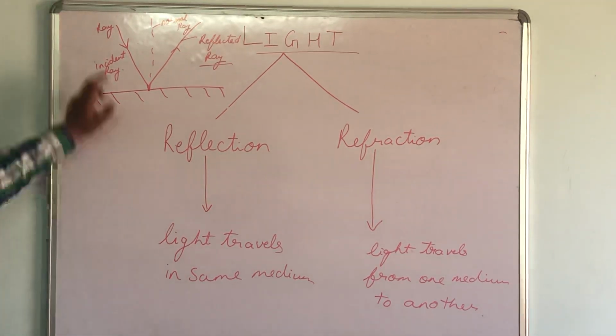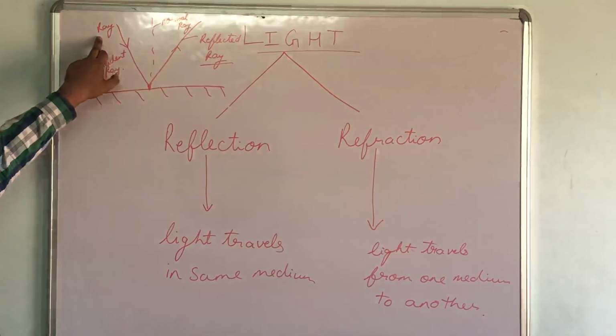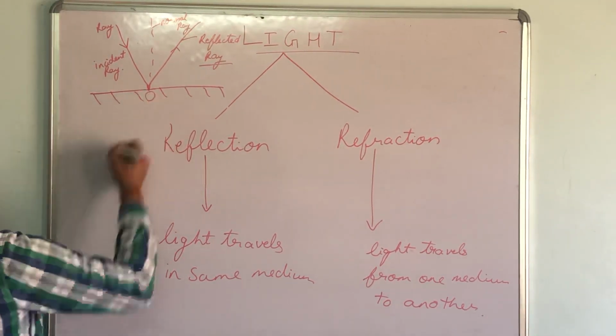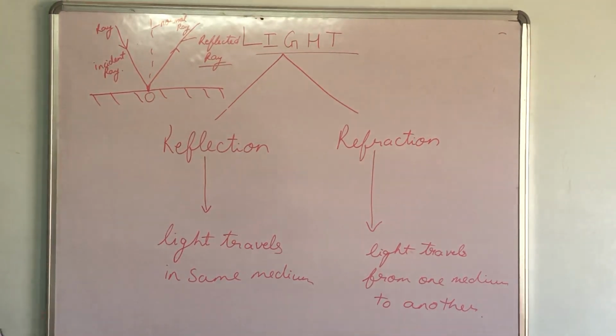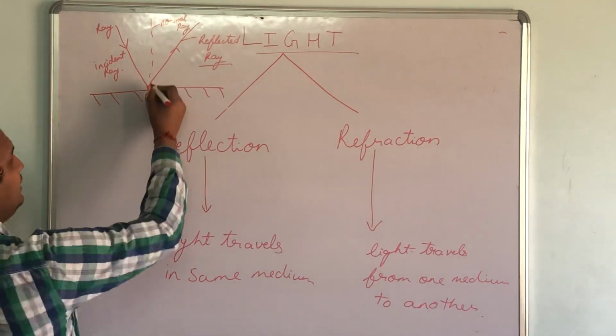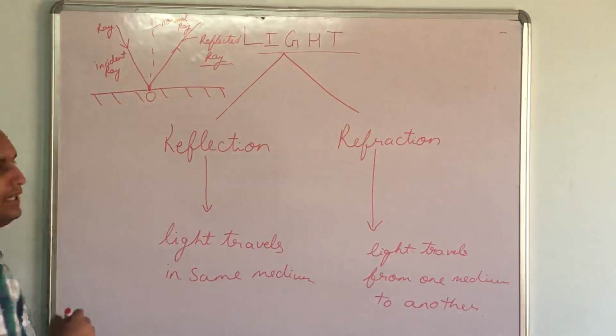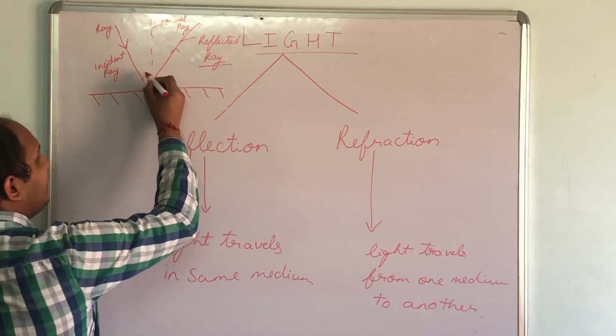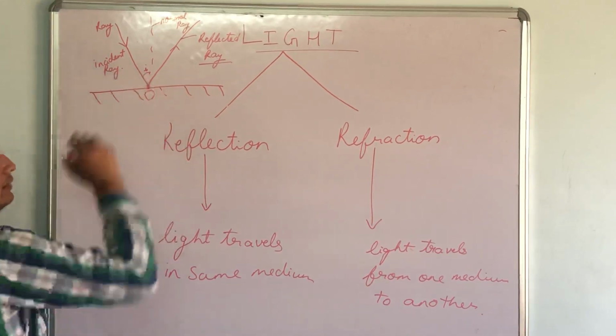What is going on is, the incident ray or the ray of light is falling on this surface at a point O. This point where the light is getting incident is known as point of incidence. And from here, there is one more ray which is meeting over here, that is normal ray. So it is making an angle I with the normal ray.